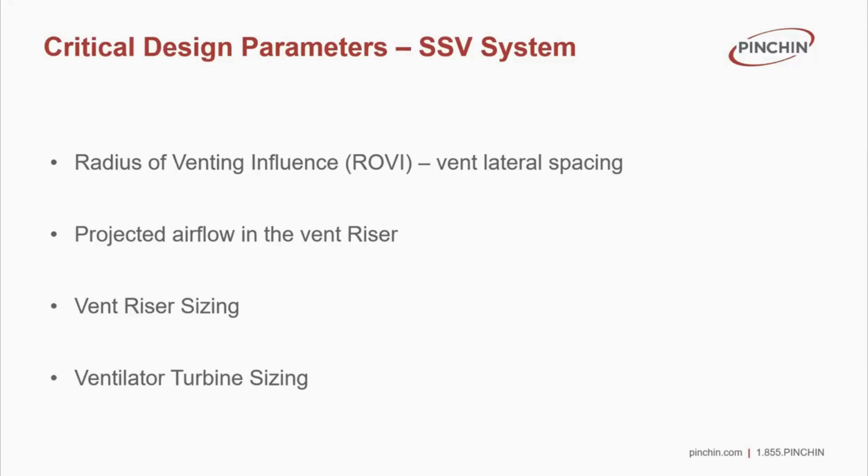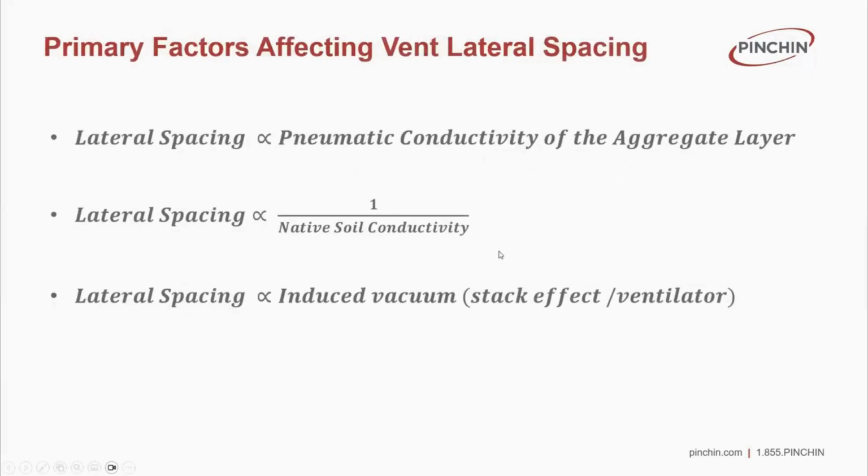In the case of when we are using a ventilator assisted passive venting system, we want to know what size of that ventilator turbine we need to be installing. Again, today for the passive venting system, I'm just talking about the venting system design, not the vapor barrier design per se, which is an integral part of a passive venting system.